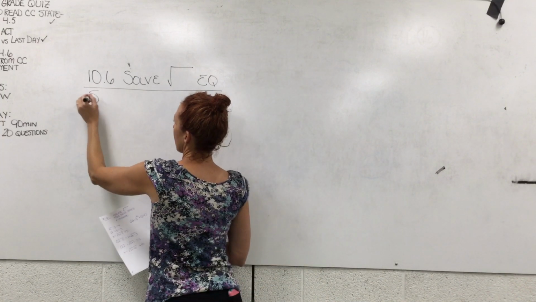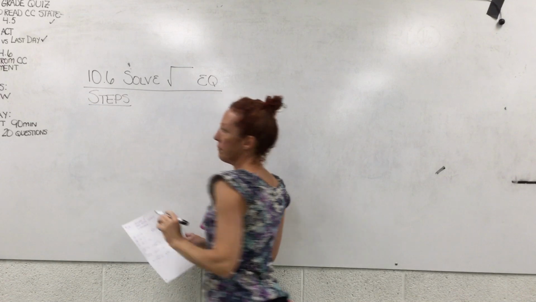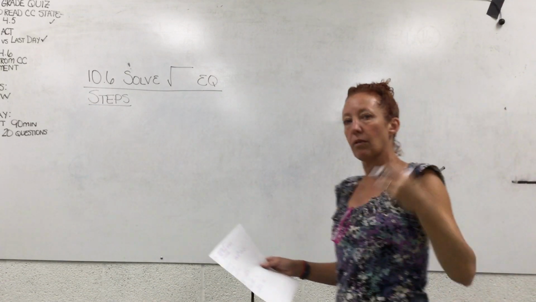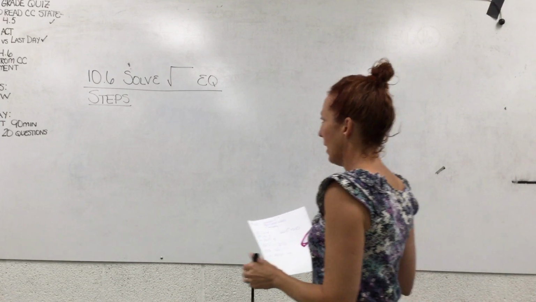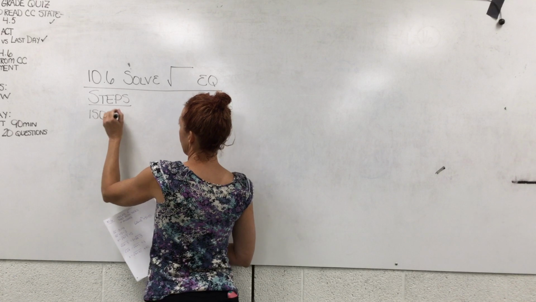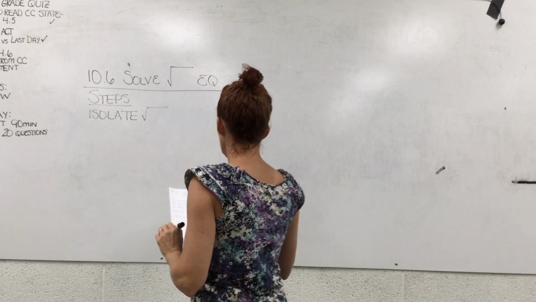So today we are going to learn how to solve radical equations, and I would write some steps out in my notes just so that you kind of have an algorithm. Okay, I have to do this, and then I need to do this, and then I need to do this. So the first thing you're going to do when looking at these problems is isolate the radical.